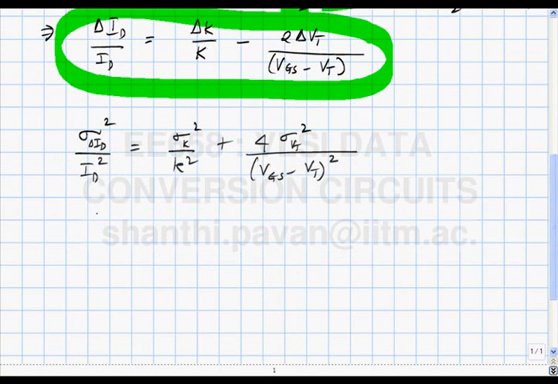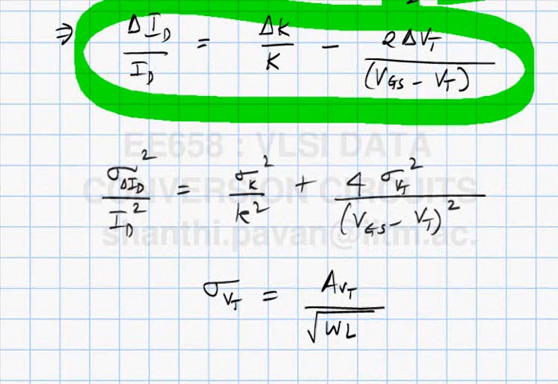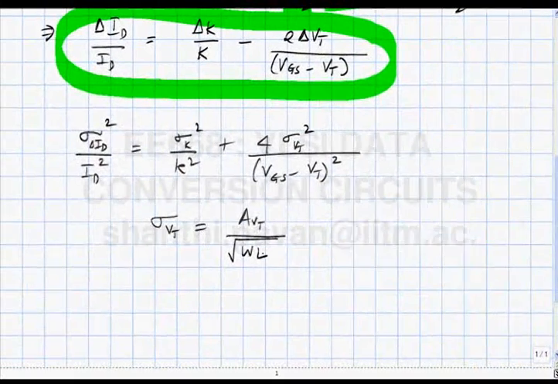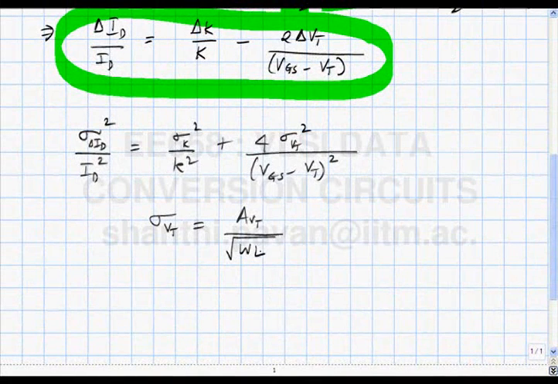As we were discussing earlier in this course, sigma Vt is of the form some AVT, some constant which depends on process, divided by square root WL, where W and L are the dimensions of the transistor. You can intuitively justify this equation by looking at what happens when I take two identical transistors and put them together.